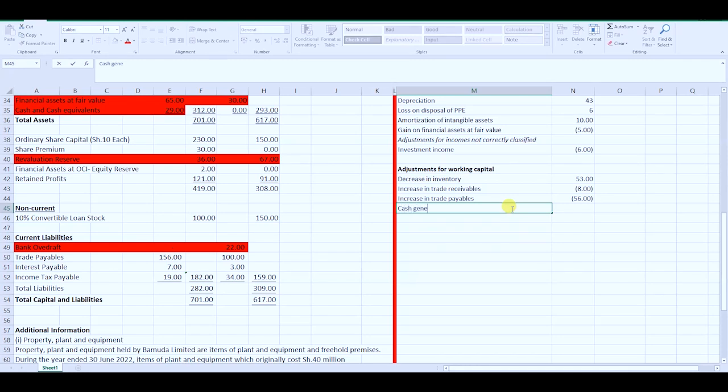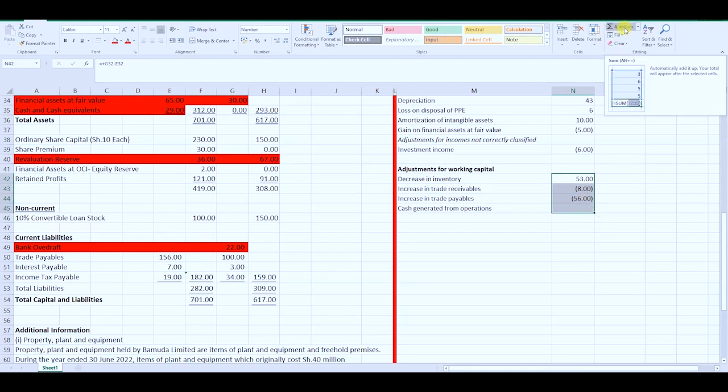Cash generated from operations. So we just add them, like that. You see this button here, auto sum? You can just add them. Minus like that.